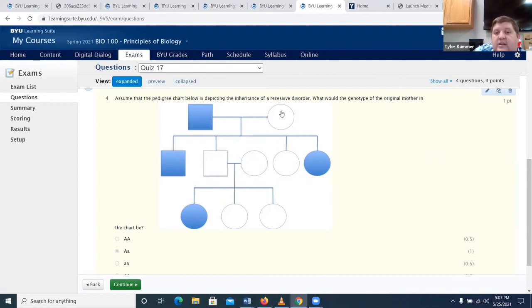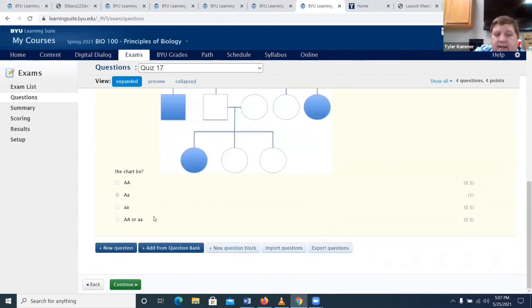We know she has at least one dominant allele, so she has to have at least one A. Well, when we look at the pedigree chart, we see that she had two children that had the disorder. Well, dad, who was homozygous recessive, could have given them one allele. The only way they get the second allele is if they get it from mom, and that means that mom has to be heterozygous, big A, little a.